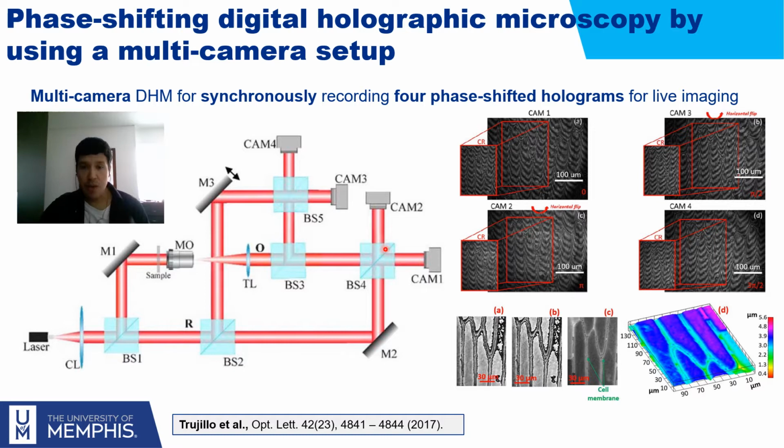At the same time, we already know that the two outputs of one single Mach-Zehnder interferometer, for instance this one over here, have in fact a π shift between the two DHM holograms. So we have a π shift here, and we also have a π shift between the camera 2 and camera 3 recordings. We only need to guarantee a π/2 shift between this interferometer and this one over here, as I mentioned, with the accurate control of the mirror M3 in this setup.